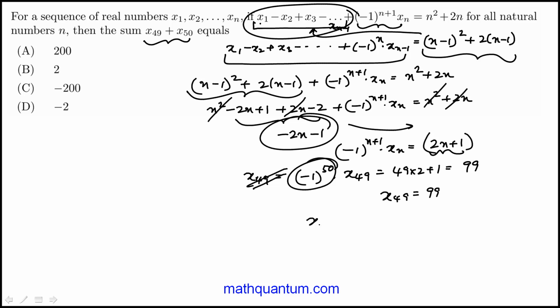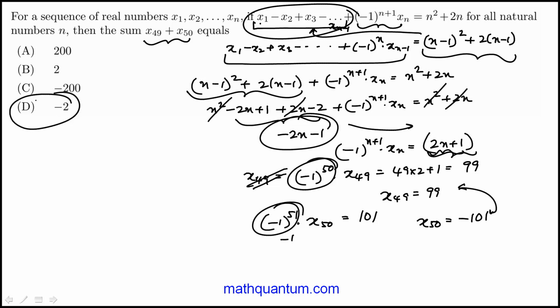And similarly, we can replace n with 50, and then this would become 101. This piece is minus 1, which means the 50th term is minus 101. We're asked for the sum of these two, and that becomes minus 2, which is choice D.